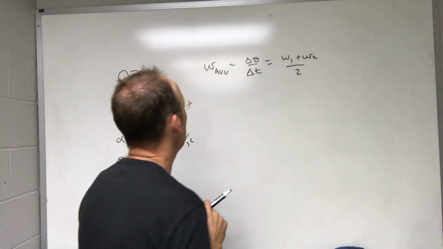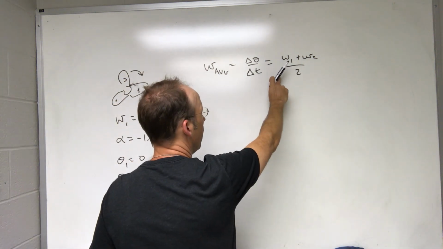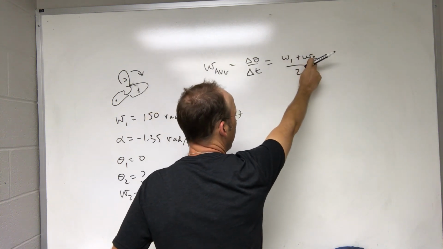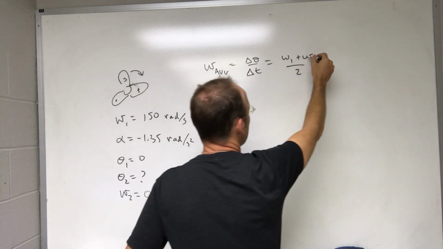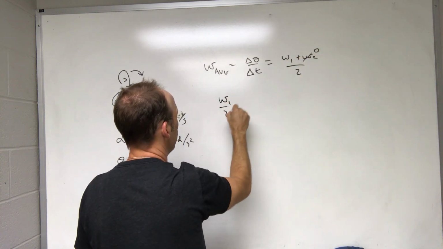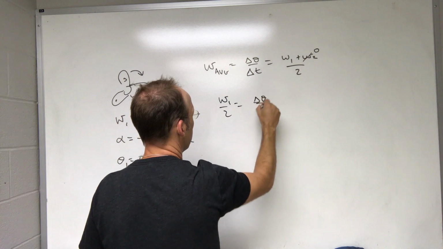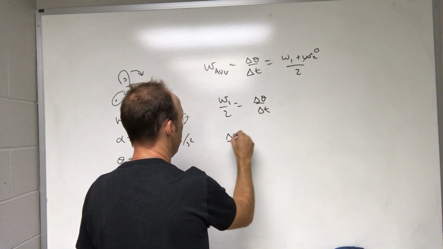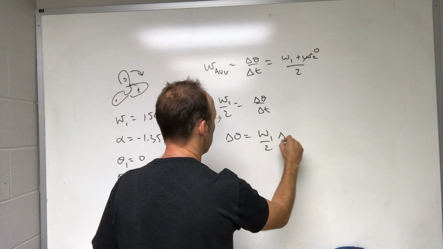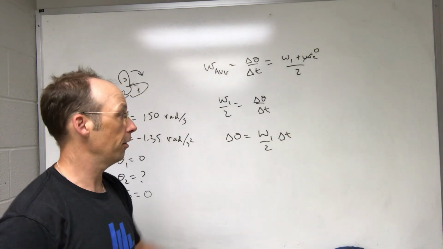So I actually know the average angular velocity, because I know the starting, I know the final, and I know 2. So this is 0. So I get omega 1 over 2 is delta theta over delta t. Delta theta is omega 1 over 2 times delta t. Just multiply both sides by that.